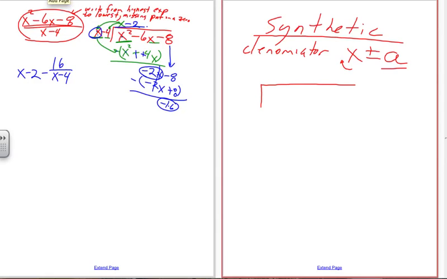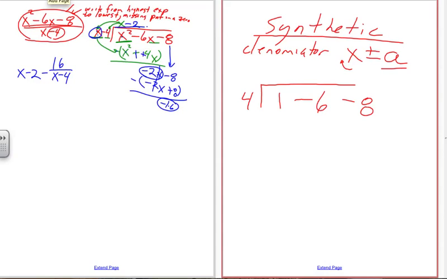So what we do on the outside, I just take a look at this term right here and change its sign. Since that's a negative 4, I write a 4. Now inside, I only write the coefficients. So the coefficients are 1 for my x squared term, negative 6 for my x term, and negative 8 for my constant term.